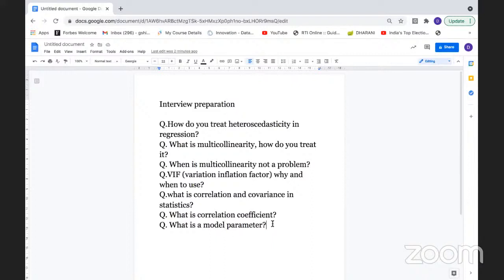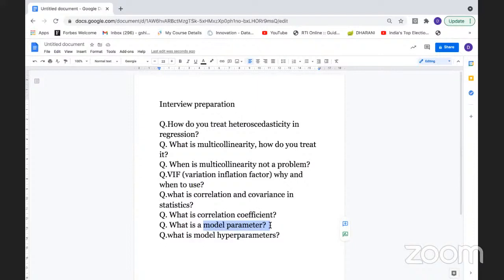Now, the follow-up question would be: if these are the model parameters, what are model hyperparameters? What are these hyperparameters all about? Here, we don't have any control. We know something called hyperparameter tuning.